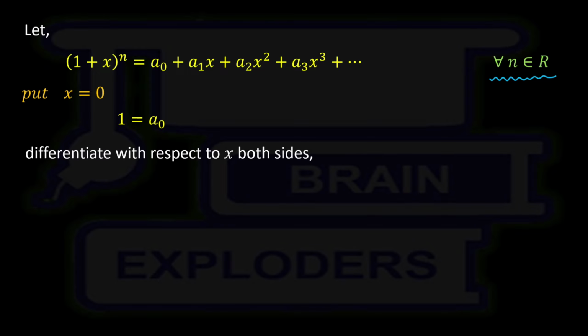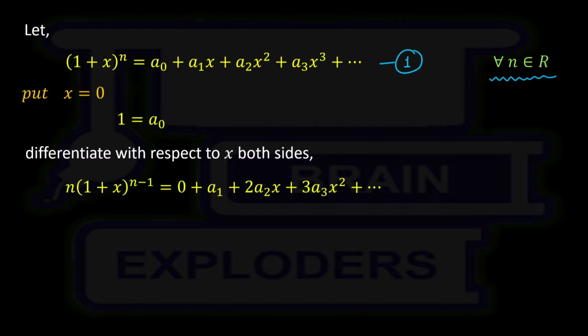Now differentiate this equation number 1 with respect to x on both sides. So we get n times (1 + x)^(n − 1) is equal to the differentiation of a0, which is 0, since the differentiation of a constant is 0, plus a1 times the differentiation of x, that is 1, and the differentiation of x squared is 2x, of x cube is 3x squared, and in this way we can differentiate all the terms and get a new series on the right hand side.